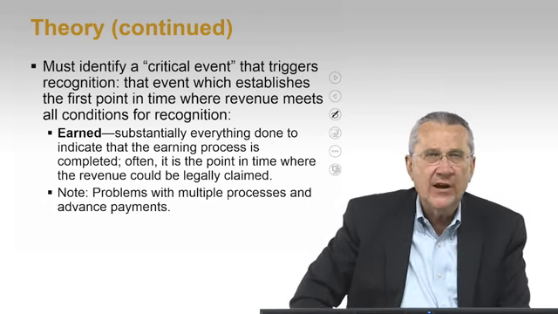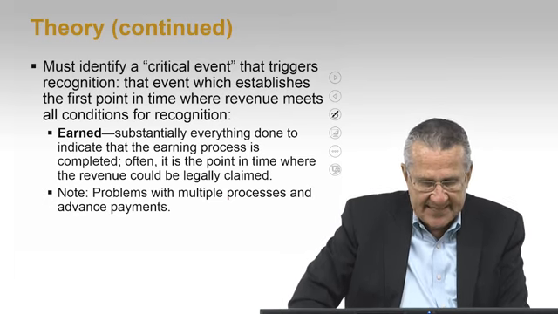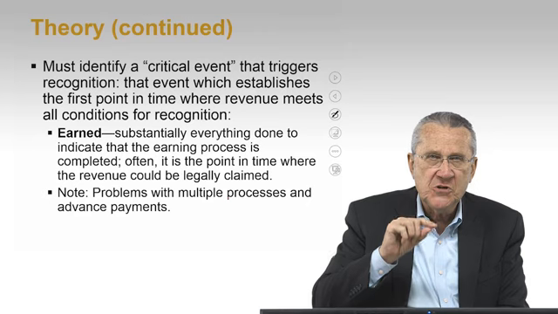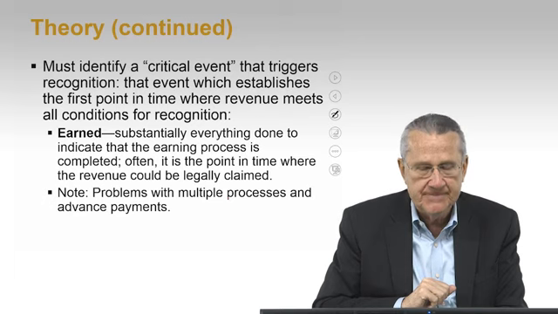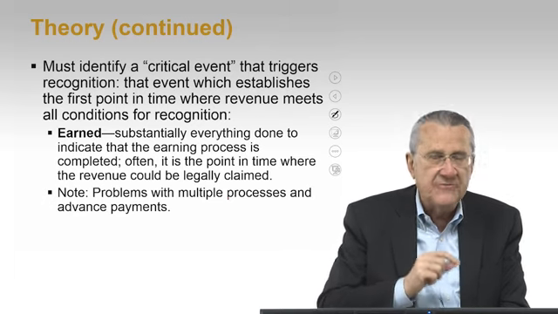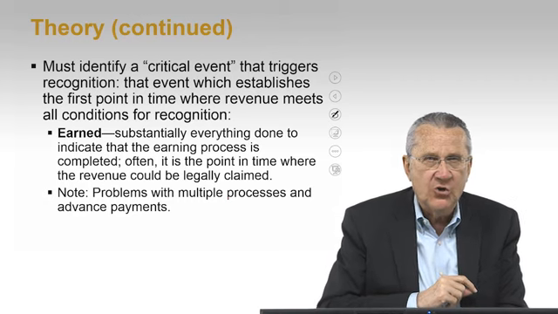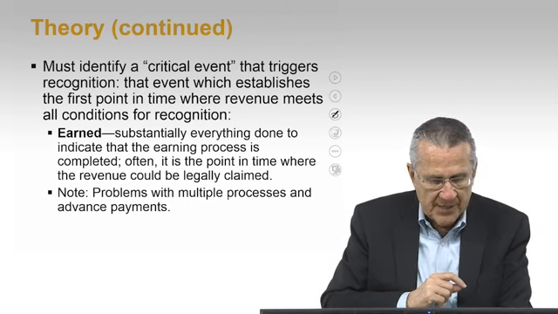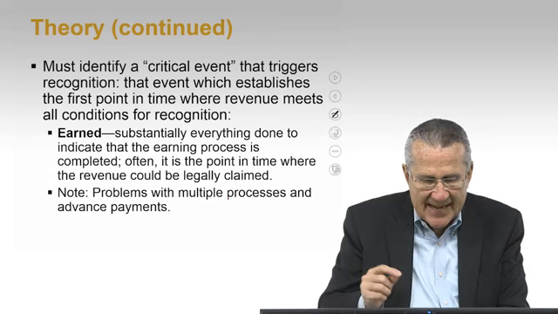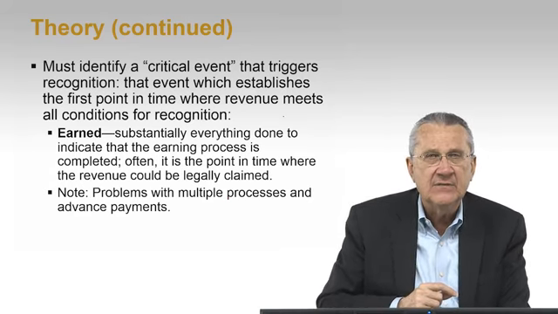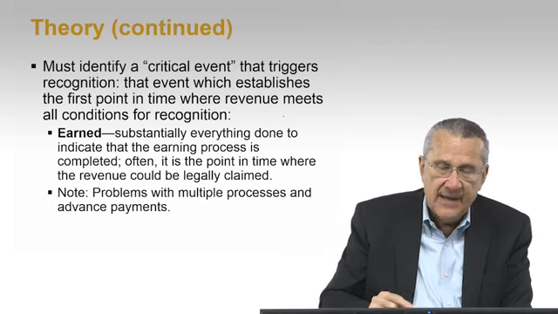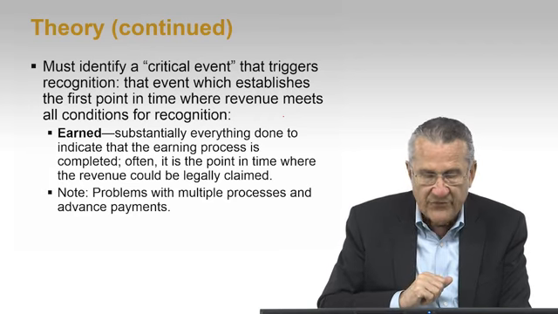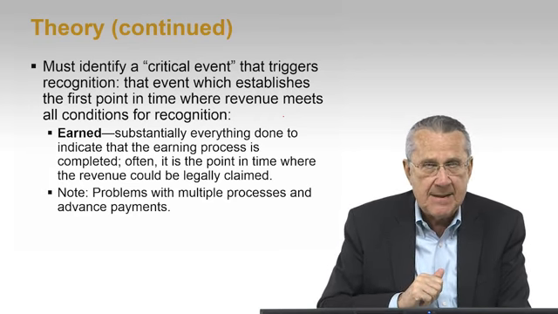That thing which triggers recognition, the event that establishes the first point in time where revenue meets all of our conditions. With respect to the first of the requirements, earned, we've decided that the word earned means substantially everything has been done to indicate that the earnings process has completed itself. Often, it's at that point in time where revenue can be legally claimed.